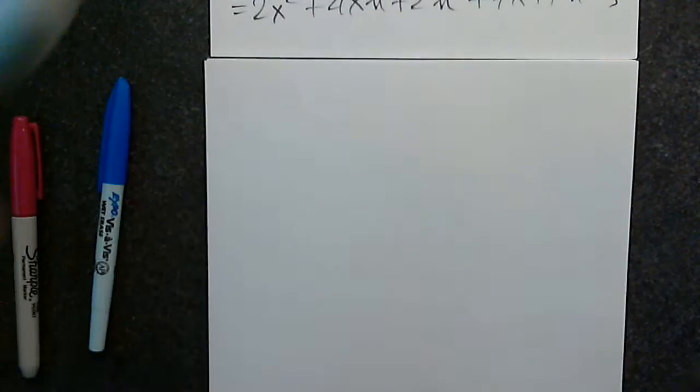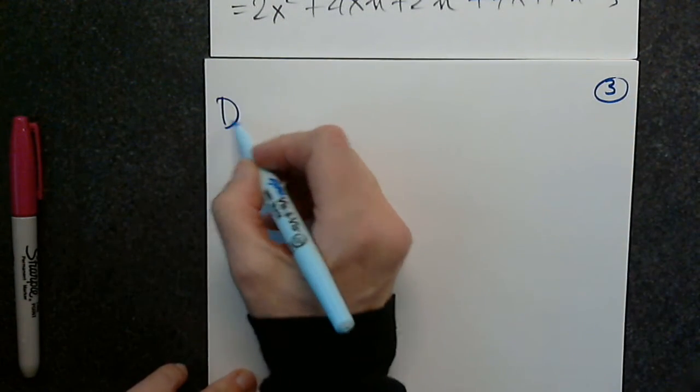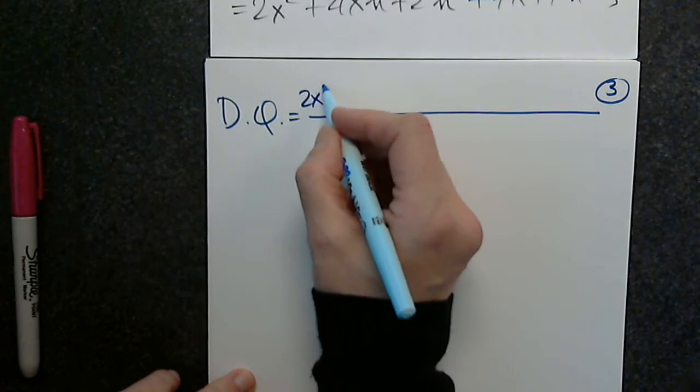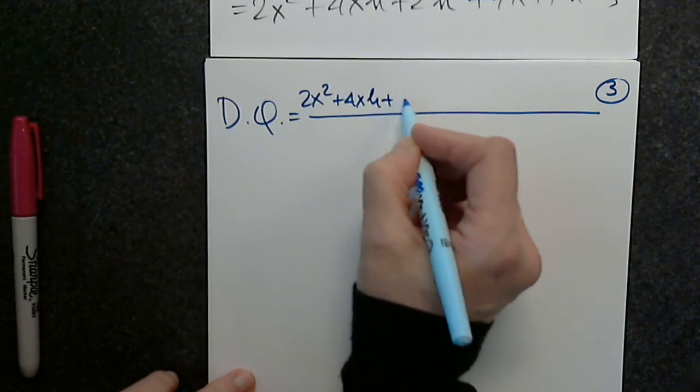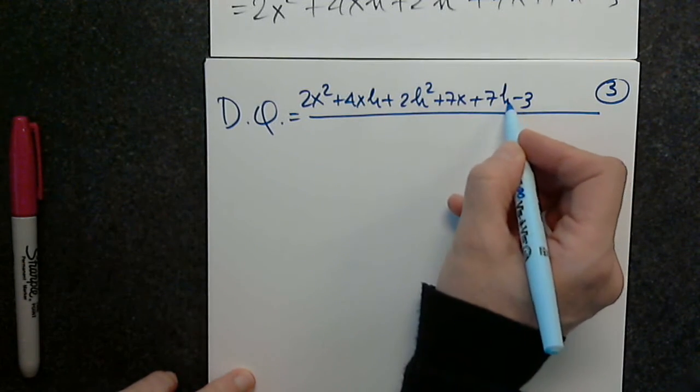This is just the first example. We're going to have another, so don't worry, you will understand this, I guarantee you. So now the difference quotient is, I'm going to copy: 2x squared plus 4xh plus 2h squared plus 7x plus 7h minus 3.